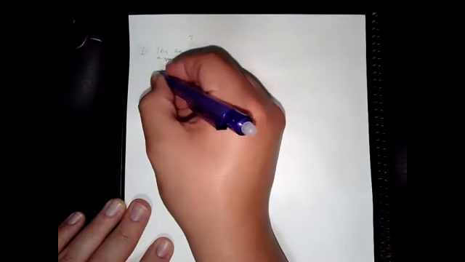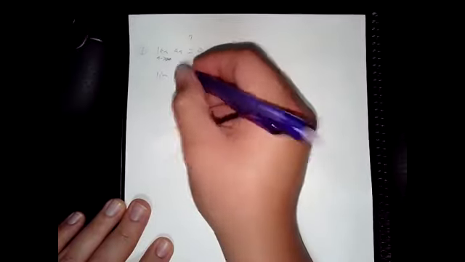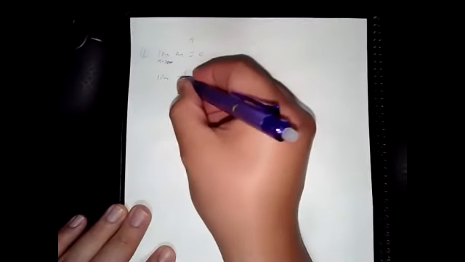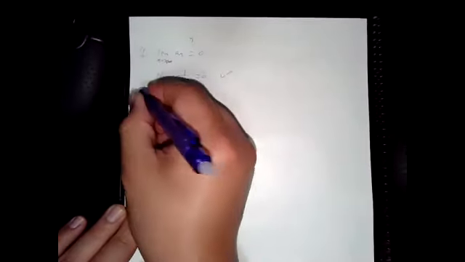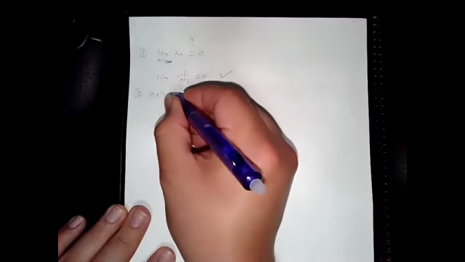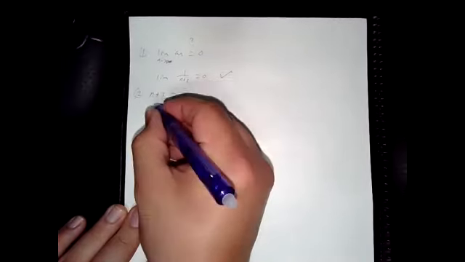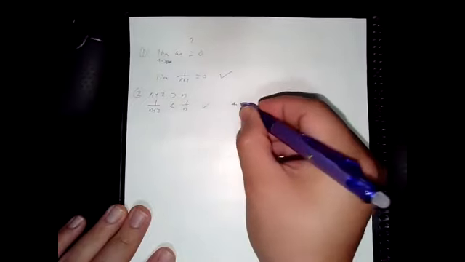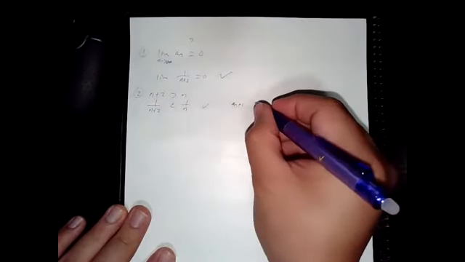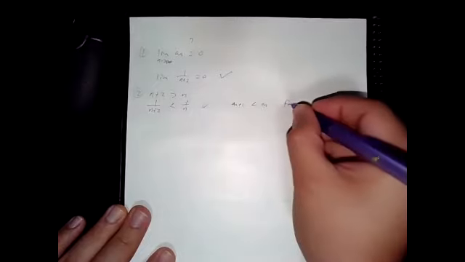Is the limit of a sub n being 1 over n plus 2? Yes. Number two, is it decreasing? Yeah, it looks like it. This is clearly bigger than this. a sub n plus 1 is less than a sub n for all n.